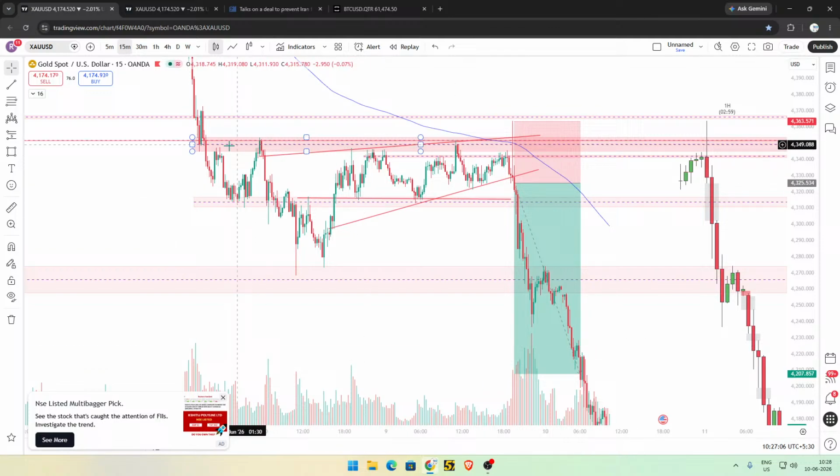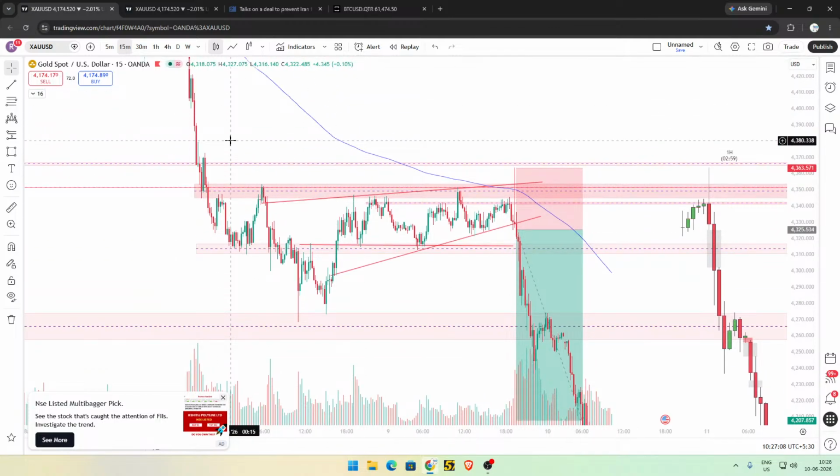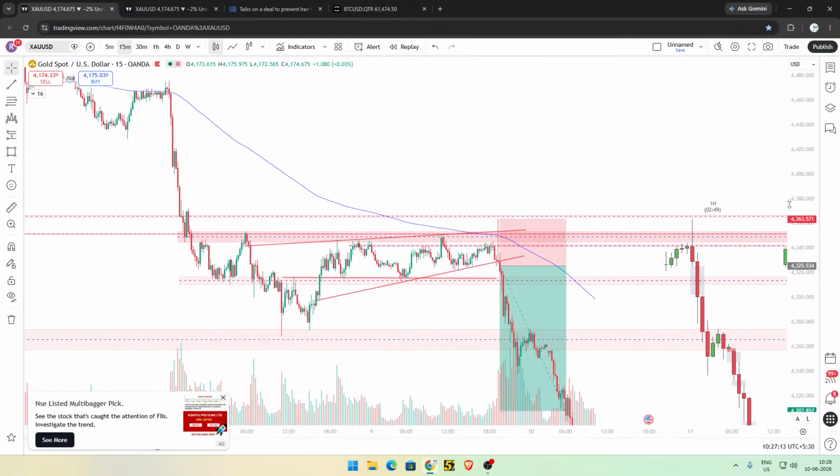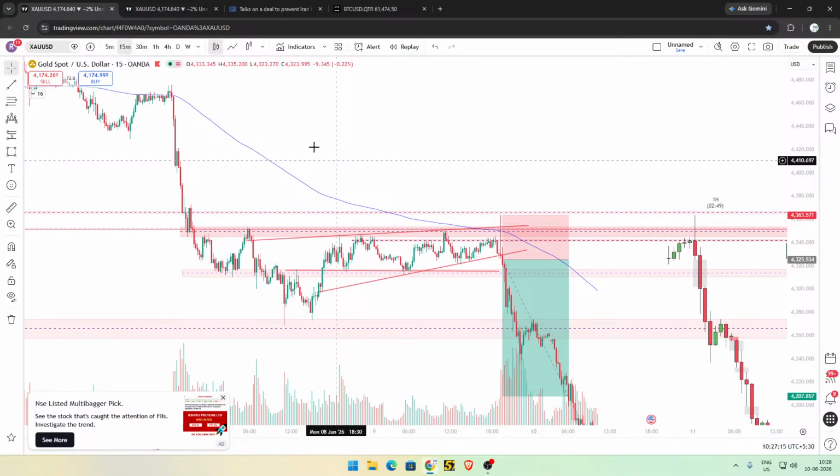And another thing, see, as per the rules, you have said to yourself that you will not trade against the 200. So the 200 was very far above this. If there is a close above the 200, then you could be assured that it will go up, but it is below the 200, so there is a high tendency that it will fall.